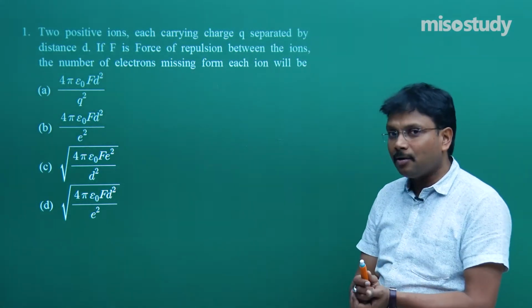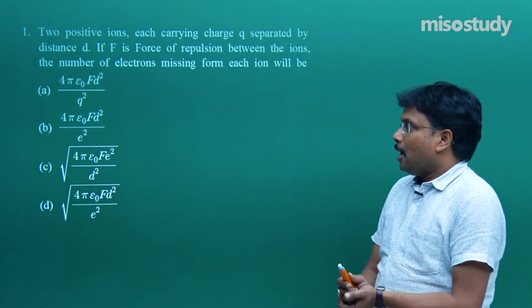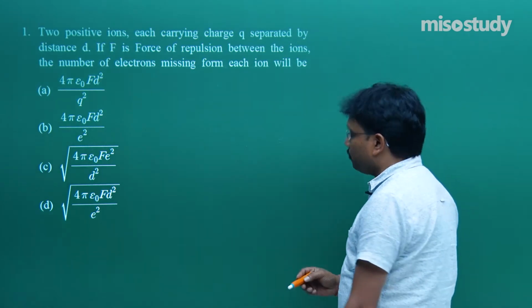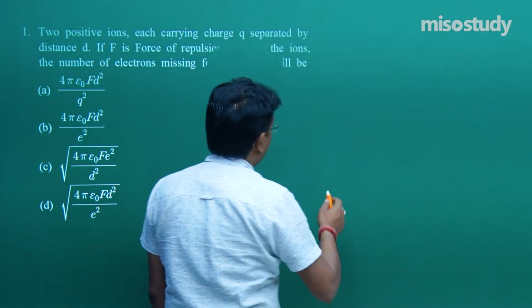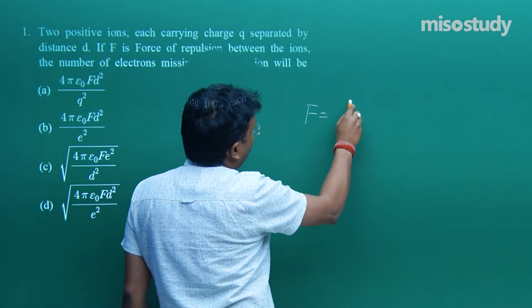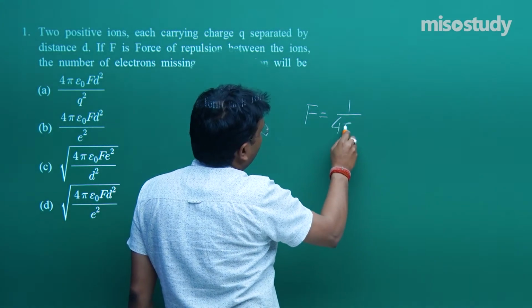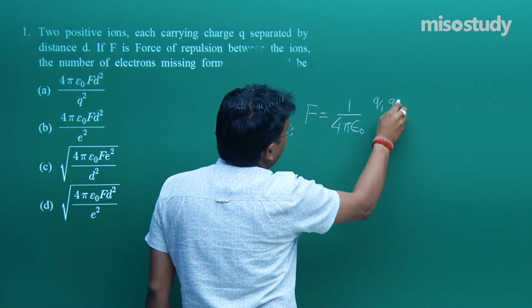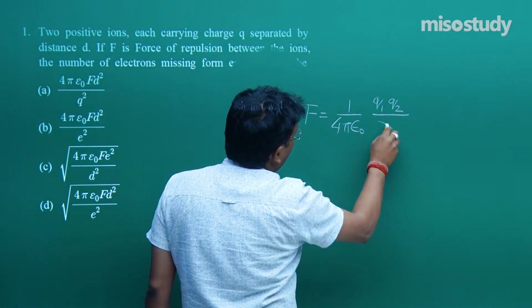Here what you will have to do is try to recall the simple formula that I would like to mention over here: F is equal to 1 upon 4 pi epsilon naught, Q1 Q2 upon R square.